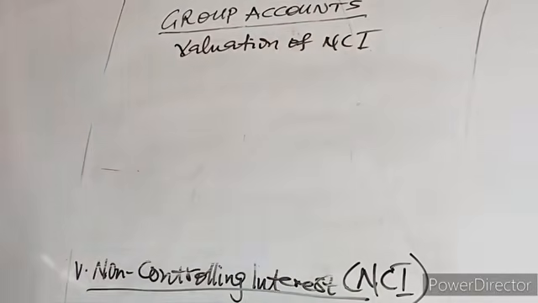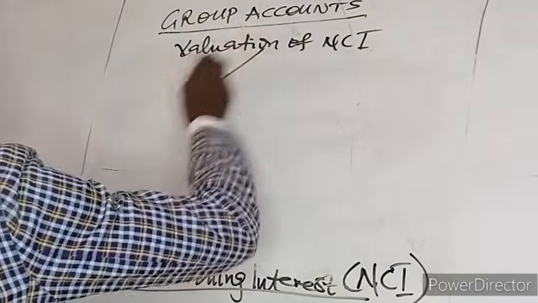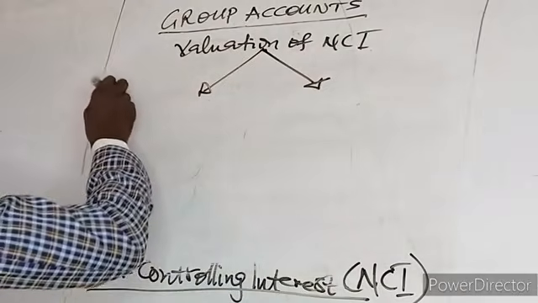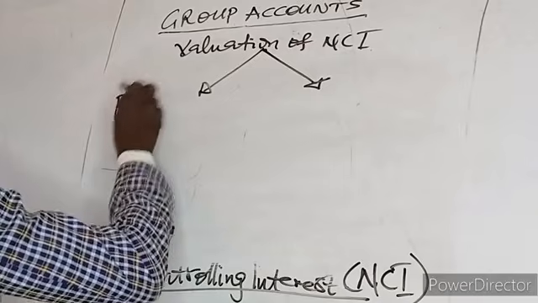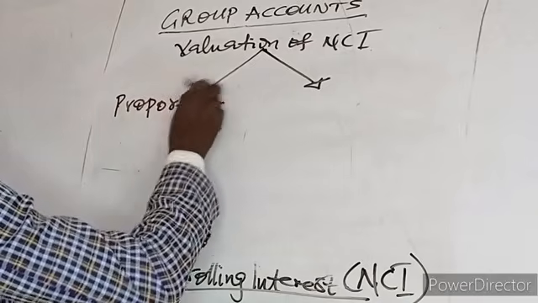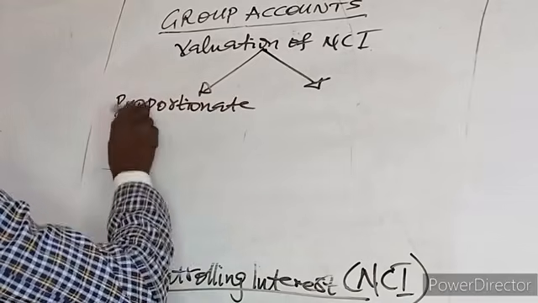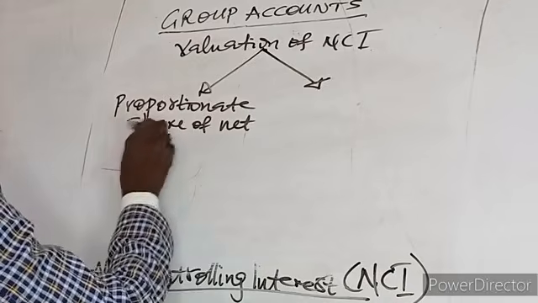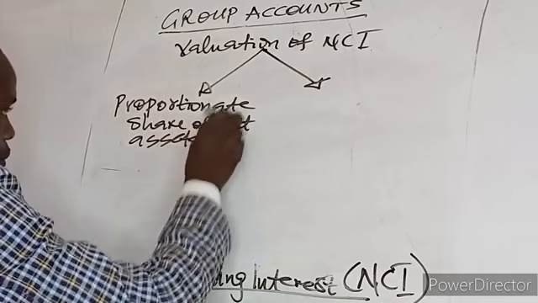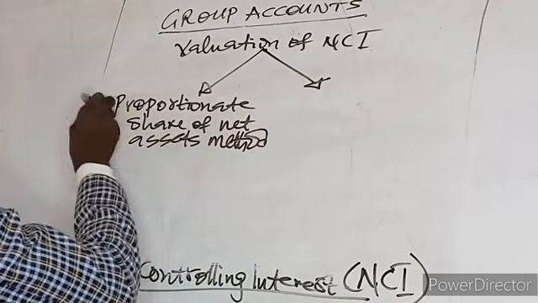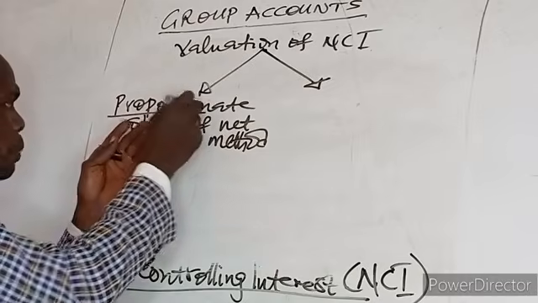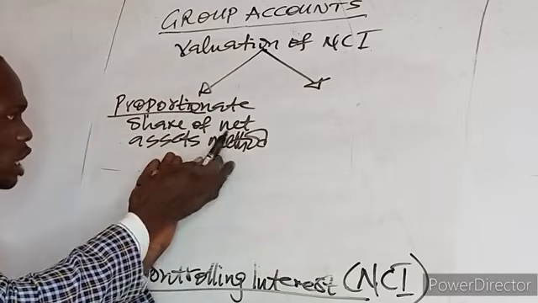Number one is the proportionate share of net assets method, where you apply a proportion to the net assets of the subsidiary.